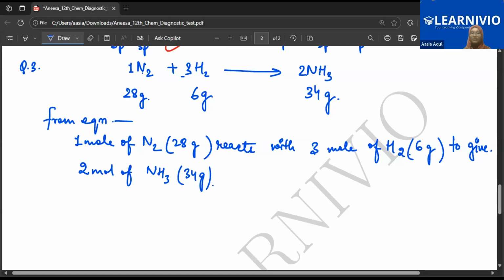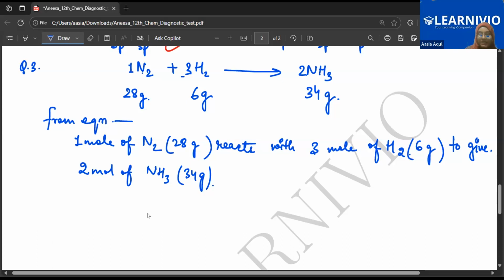It's nothing, I have just written it from the balanced chemical equation. 1 mole of nitrogen N2 means 28 gram, reacts with 3 mole of H2 to give 2 mole of ammonia.